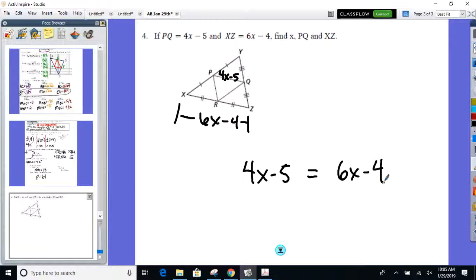Be disciplined. I'm asking for more than X. Start getting in this habit. Great, you found X. Reread the problem. Look at your two final segment lengths. Is one double the other?